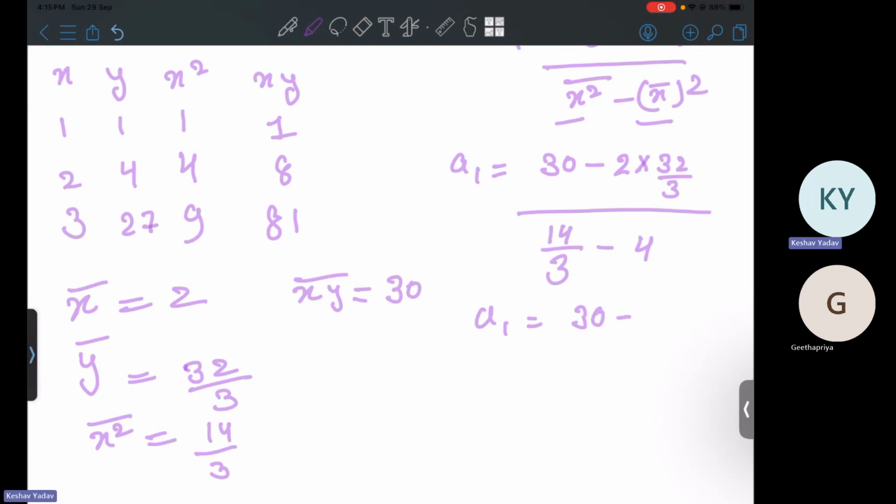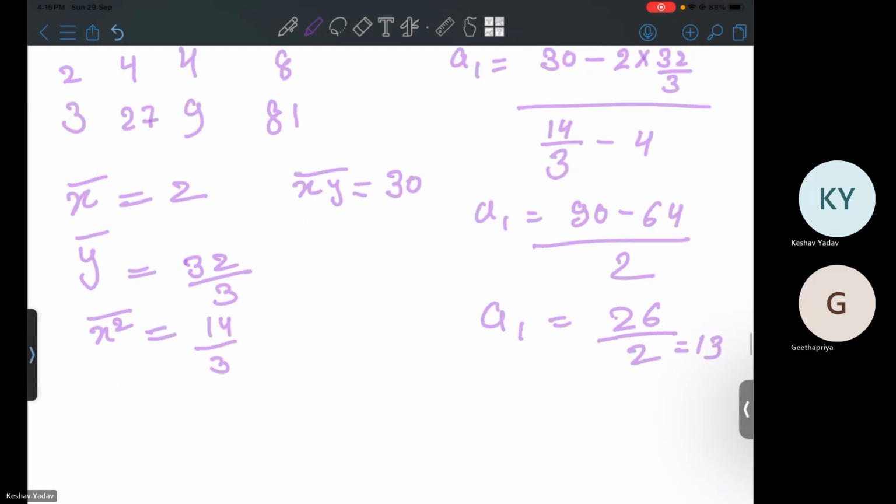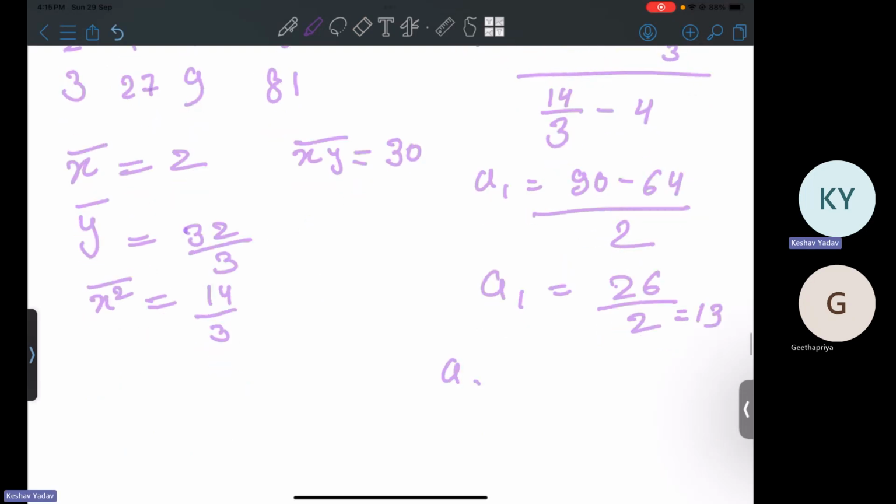So A1 will be equal to 30 minus 64 by 3, that is 90 minus 64, divided by 2. This difference will be 26, divided by 2, so it will be 13. Once A1 is 13, A0 will be my Y bar minus A1 X bar.